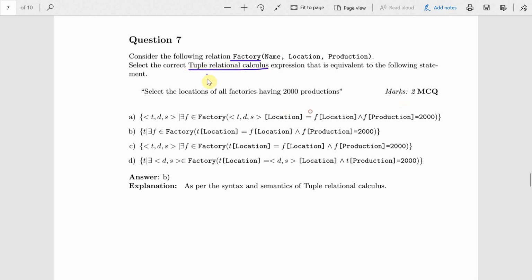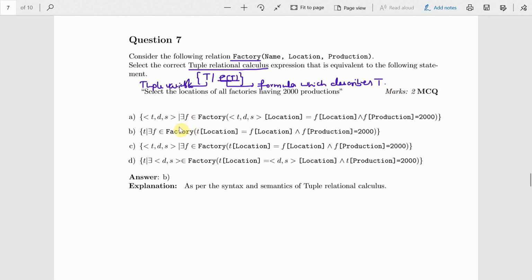The form of a TRC expression is T such that P of T. T indicates a tuple variable, which represents the output of a query, and P of T represents a formula which describes the output T.